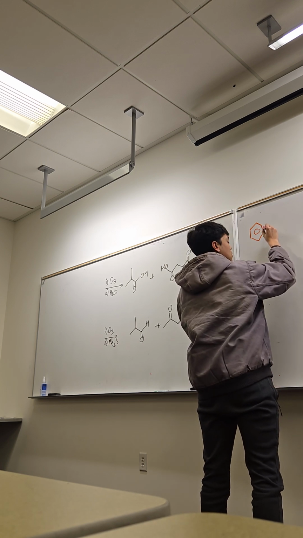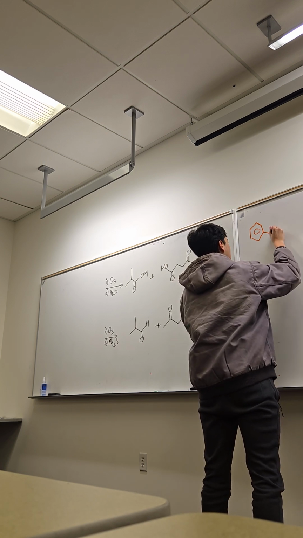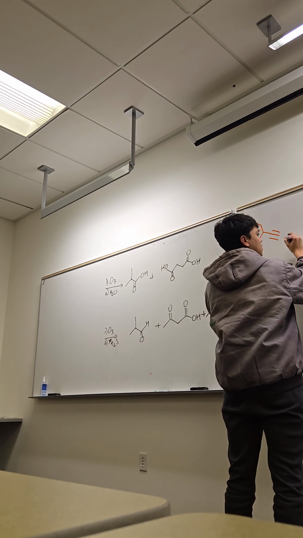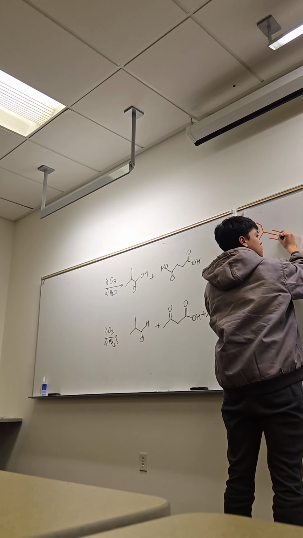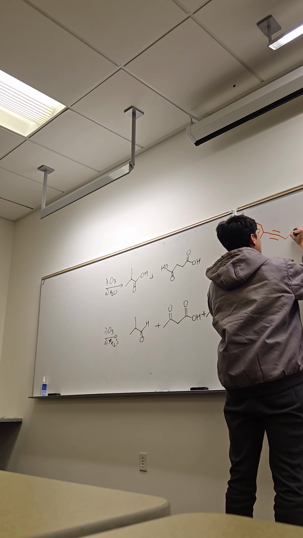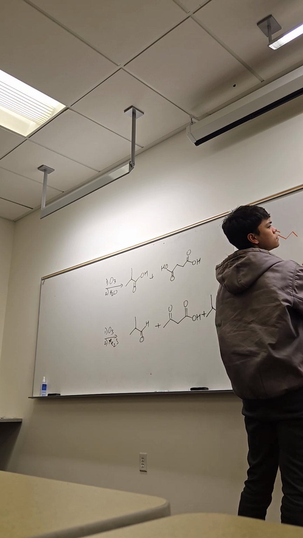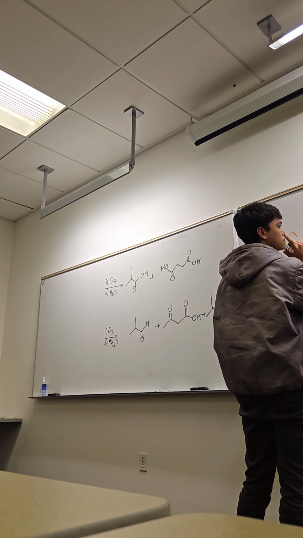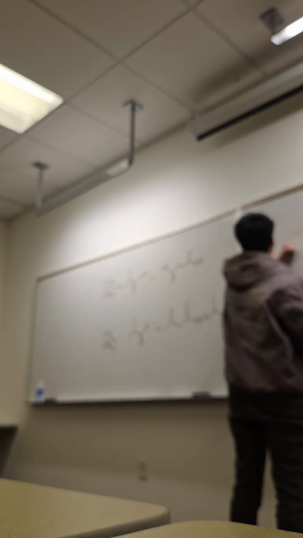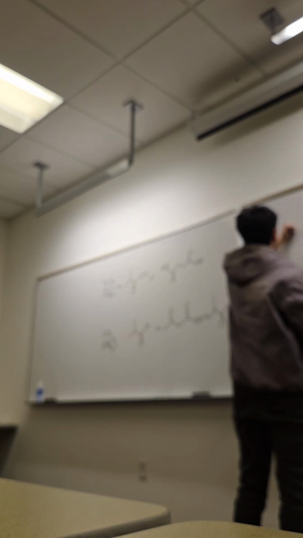It's taking me so long to do it. Alkenes become aldehydes, ketones; alkynes become carboxylic acids. Aldehydes become ketones and what?